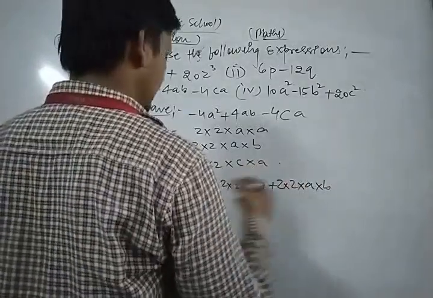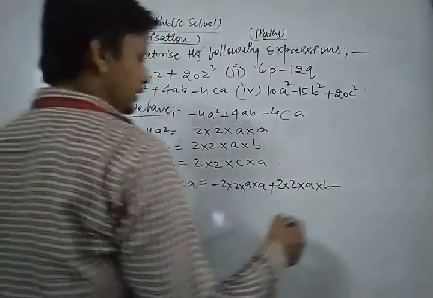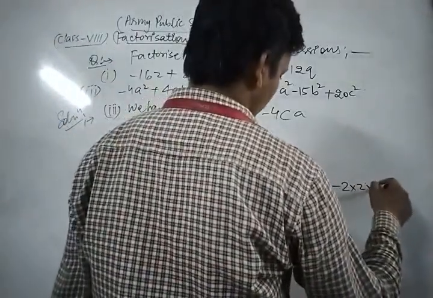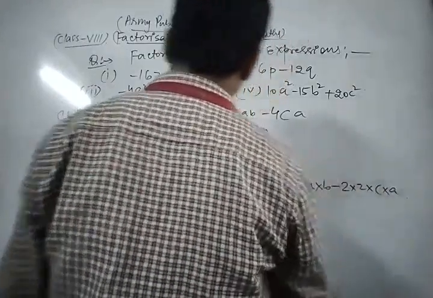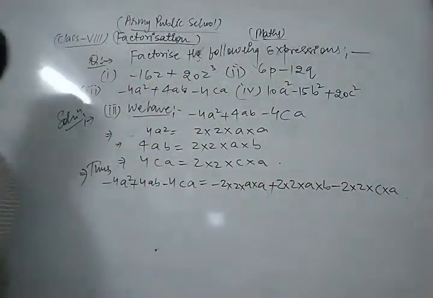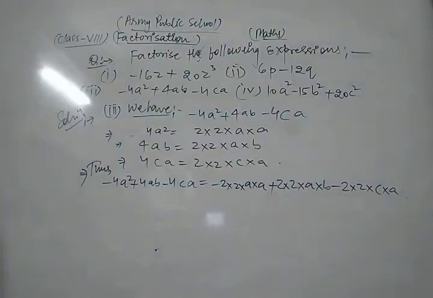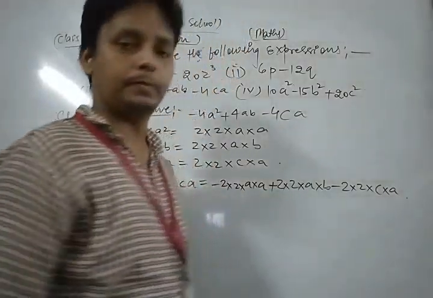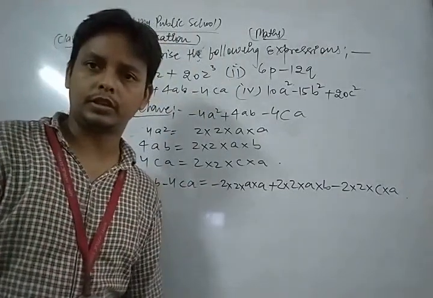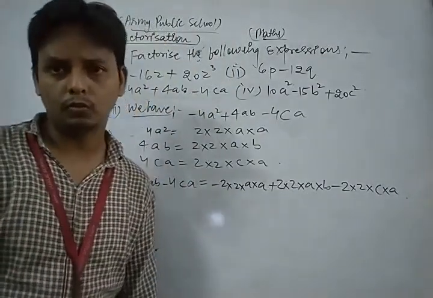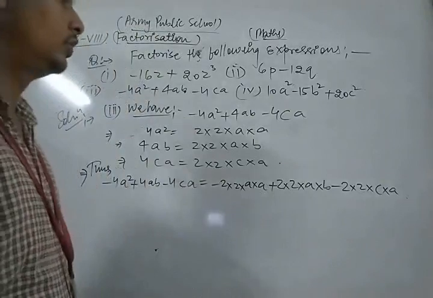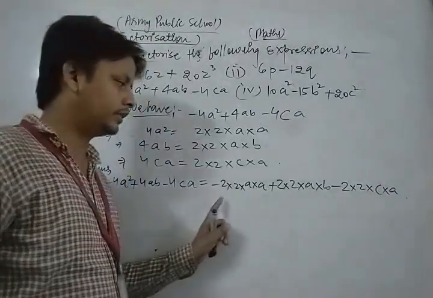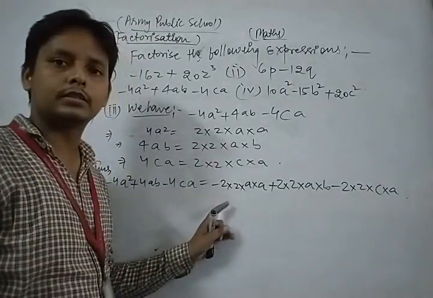Now minus, write as it is, 4ca we can write 2 into 2 into c into a. So first of all we arrange it in this way. Dear students, what are the common factors here?